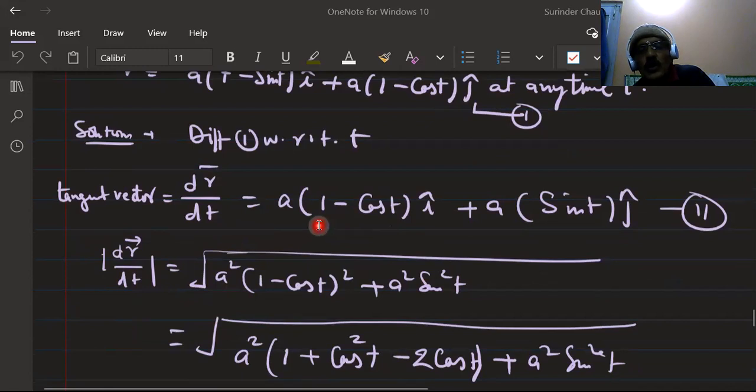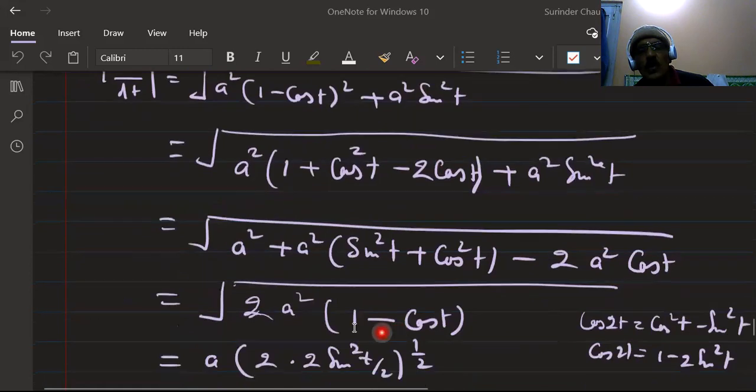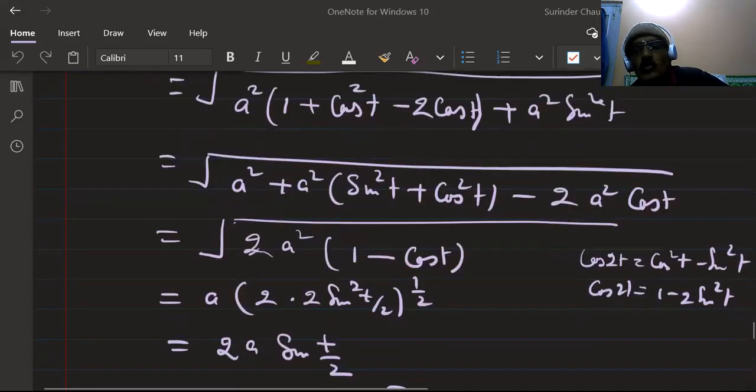Its magnitude is the square root of the sum of squares of the components. Squaring and simplifying: a square (1 minus cos t) whole square plus a square sin square t, with a square common, gives 2 a square (1 minus cos t). Now cos 2θ is equal to 1 minus 2 sin square θ, so 1 minus cos t is equal to 2 sin square t by 2.